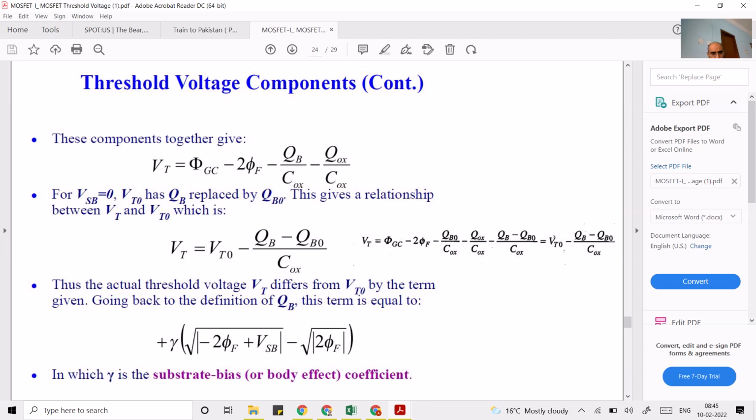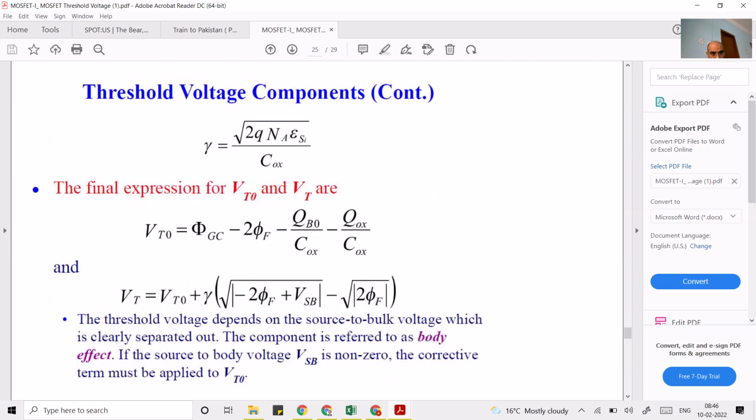Now, if you further solve this equation, substituting the expressions we derived for QB and QB0, you will find the equation looks something like this. Some 2phi-f plus VSB term will come because of the QB part, and QB0 will not have the VSB part, so you are subtracting them.